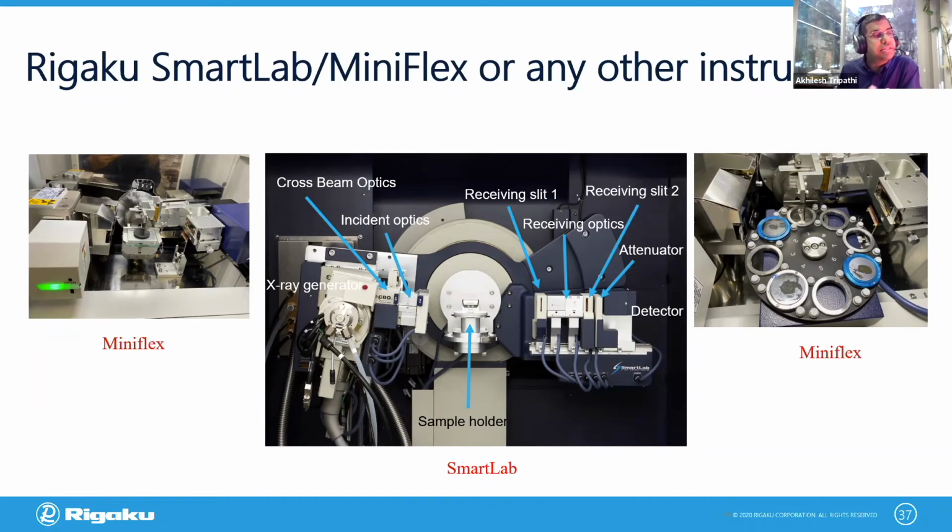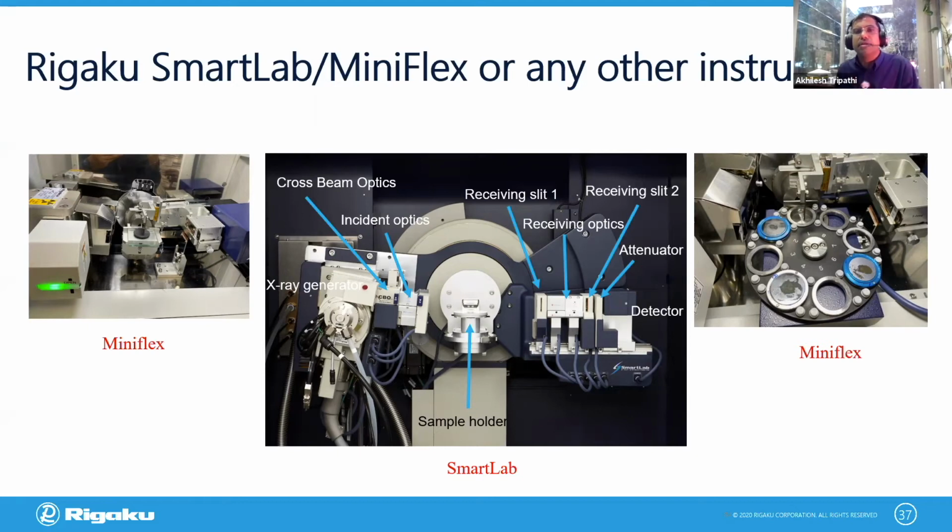So for most of the instruments, the optics idea is very clear. You have an X-ray generator, which could be a rotating anode or a sealed tube type, which produces this X-ray. It passes through a number of optics. Usually we call them incident optics, consisting of divergence slit and Soller slits. Or it could provide you a Bragg-Brentano or parallel beam type geometry. And then you have a sample in the center, which we call the goniometer. You could put multiple samples, thin film samples, which are shown on both sides of this middle picture.